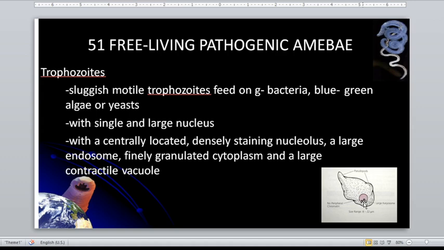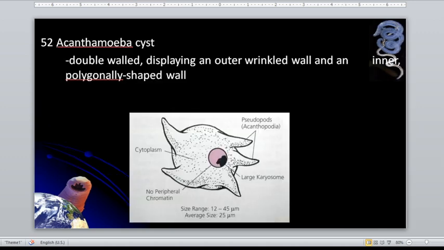Eccentric, meaning it is on the side, it should not be central. It uses pseudopods for locomotion and movement. As a review, what are the two main functions of pseudopods? Those are for locomotion and phagocytosis.